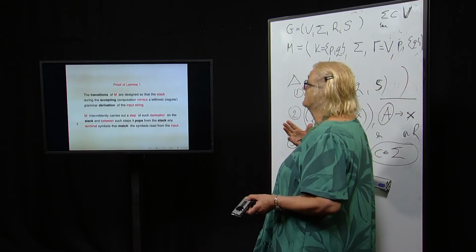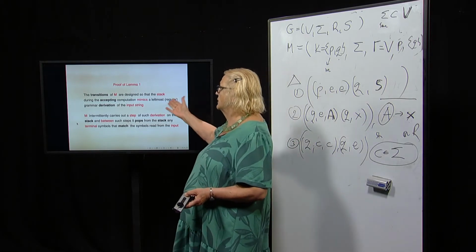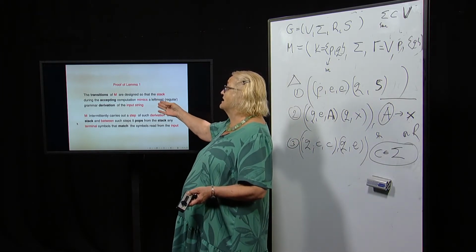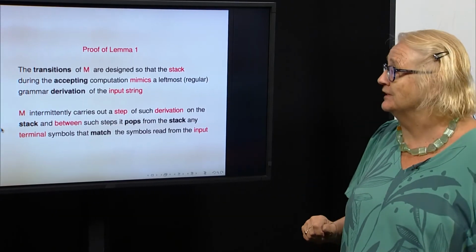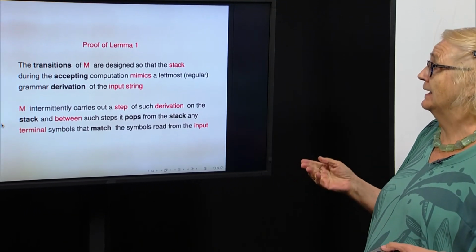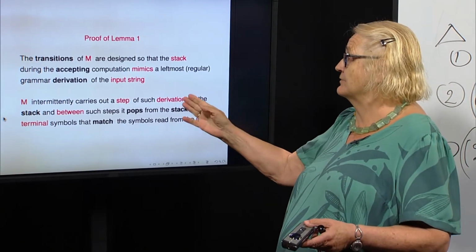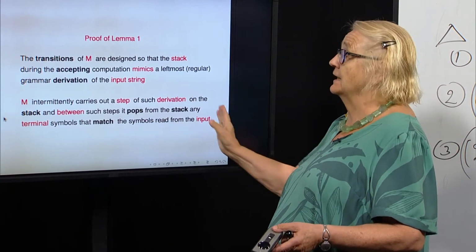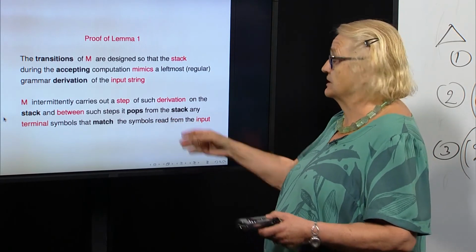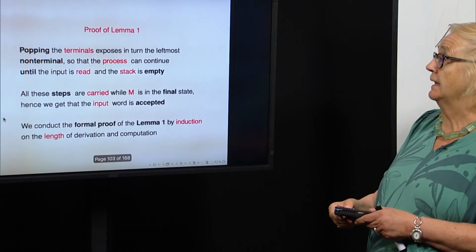So the transitions are designed so that the stack during the accepting computation mimics the leftmost grammar derivation of the input string, and carries out a step of such derivation on the stack between such steps, and pops from the stack any terminal symbol that matches the symbol from the input.